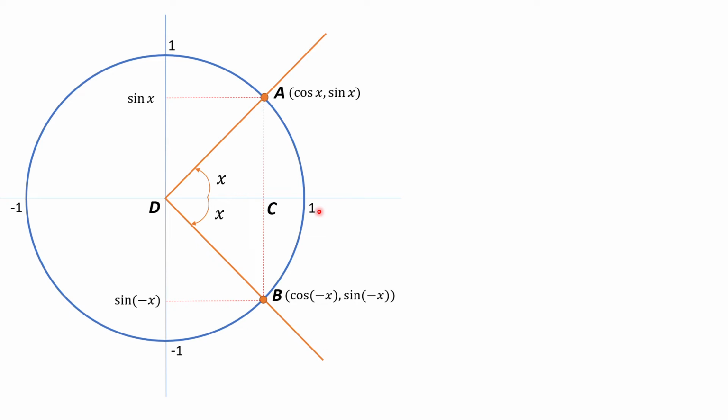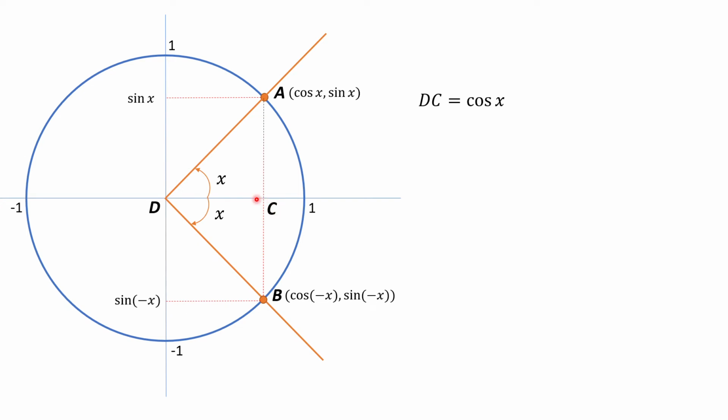Now, if you don't want to deal with congruent triangles, that's fine. We can look at it a different way. If you remember the definition of sines and cosines through right triangles, you would know that DC has to be cosine x for both triangles. I guess it's not exactly correct to say DC equals cosine x, because we don't have point C yet.